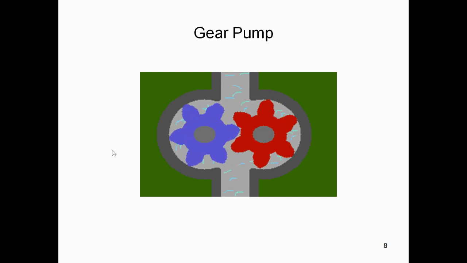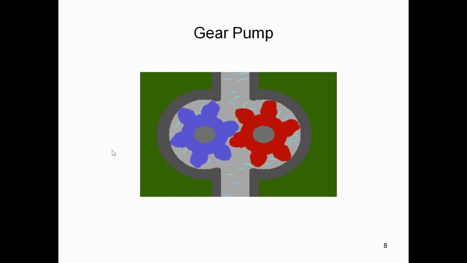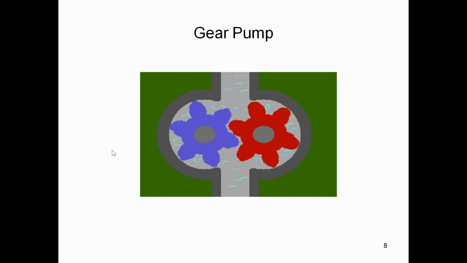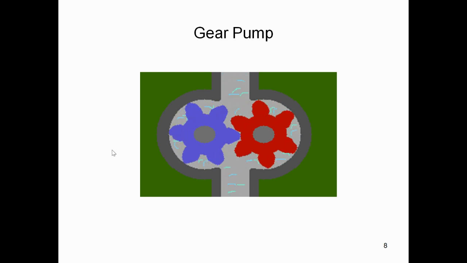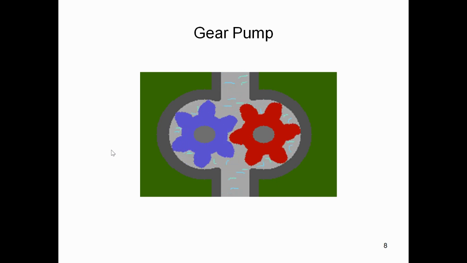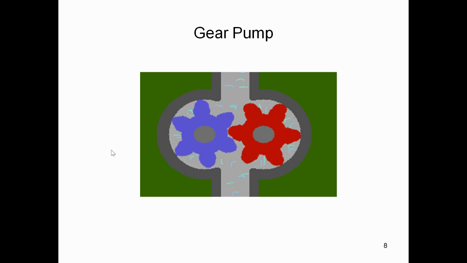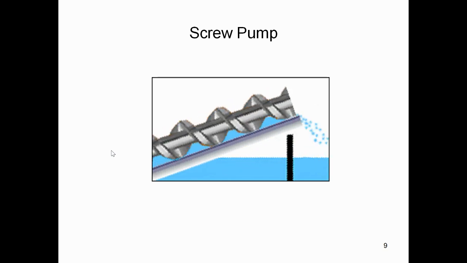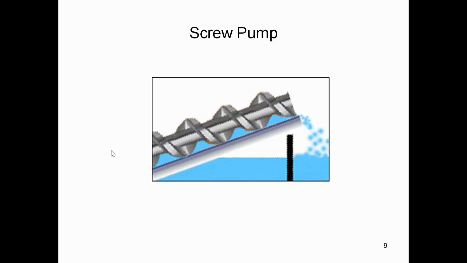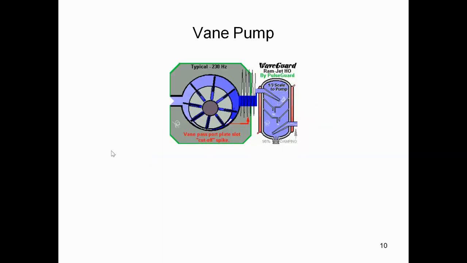The gears are rotating by meshing the teeth, so the fluid passes through the pump with high pressure and velocity. Next, we can see the diagram of a screw pump. Next one is the vane pump.